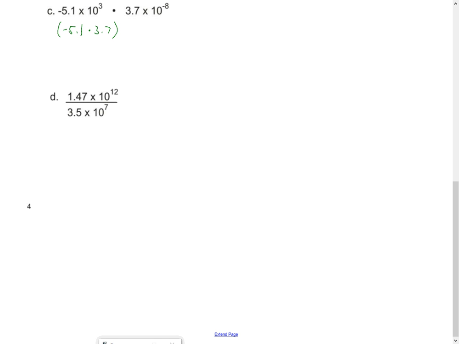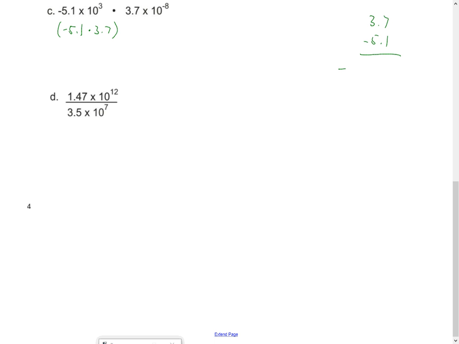So off to the side, I'm going to do the 3.7 on top and the negative 5.1 on the bottom, just because I like having that 1. Could do it either way, right? Commutative property, right? Either negative 5.1 times 3.7 or 3.7 times negative 5.1. So again, I'm going to stick my negative right in the beginning so I don't forget it.